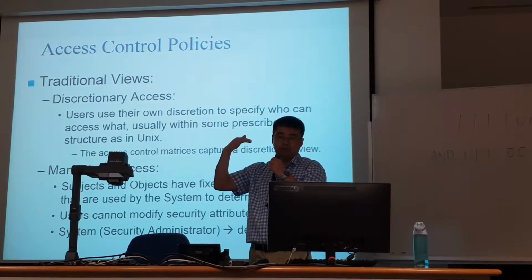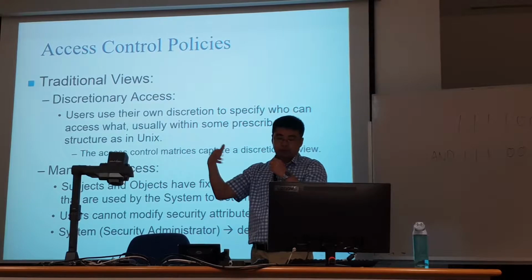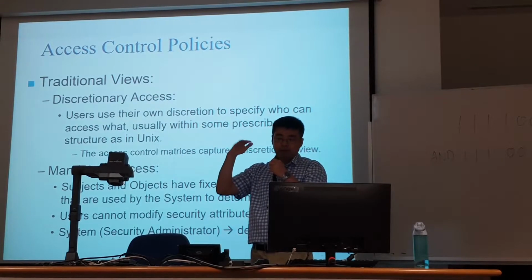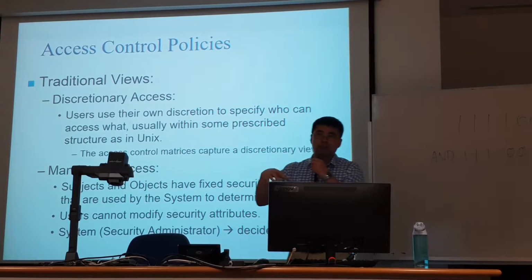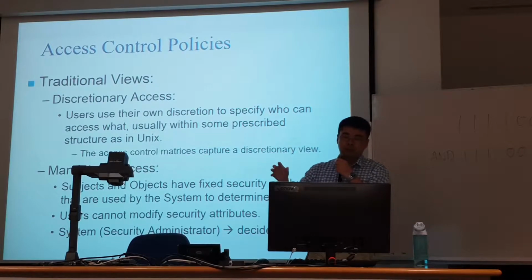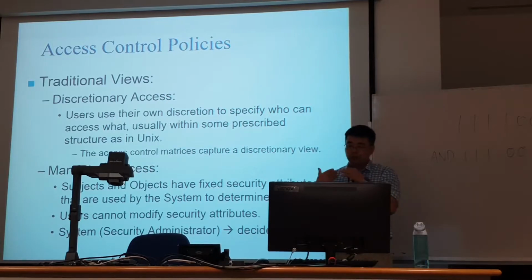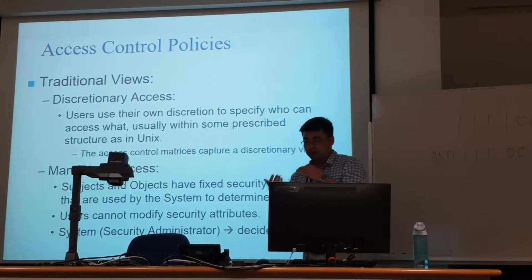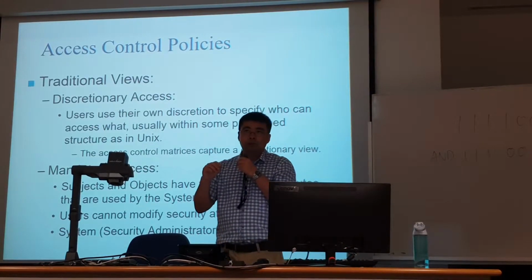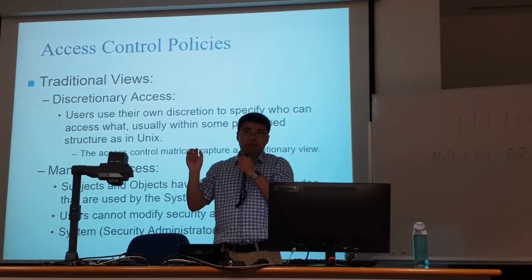The levels are such that one dominates another. Top secret dominates secret, secret dominates confidential, and so on. So for example, say you are a chief officer and you create a file with top secret.